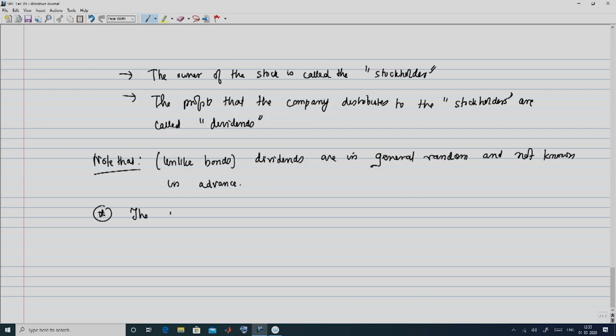And this uncertainty of dividend payments, that is, the non-existence of guaranteed nominal value.